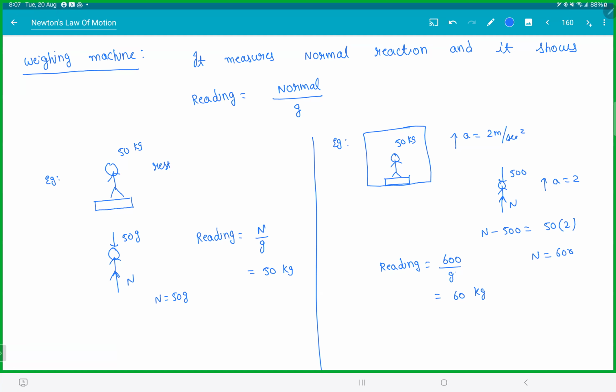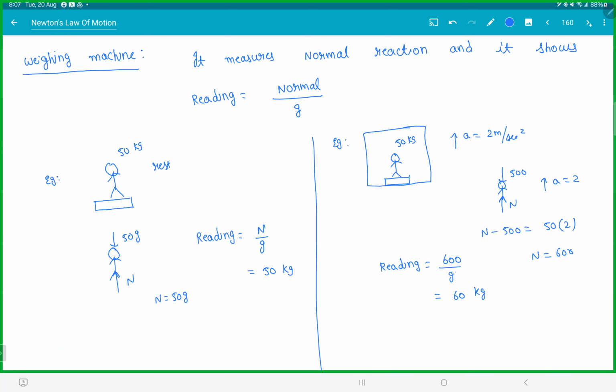Or if you've ever gone to Imagica, the Nitro Coaster ride, you must have experienced it when it is just coming down. You feel that weightlessness. The normal reaction is 0. Is this clear, everyone? What does a weighing machine do? Clear?